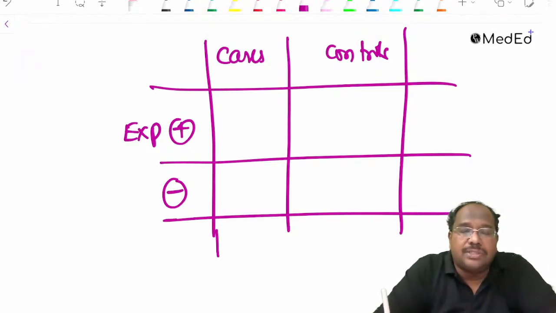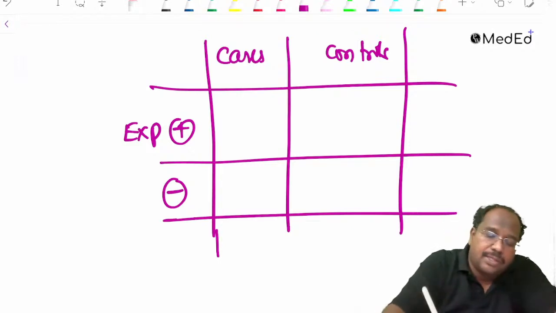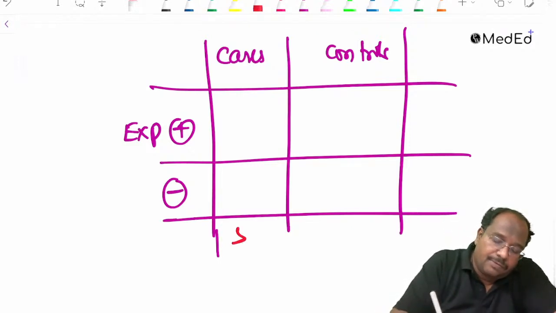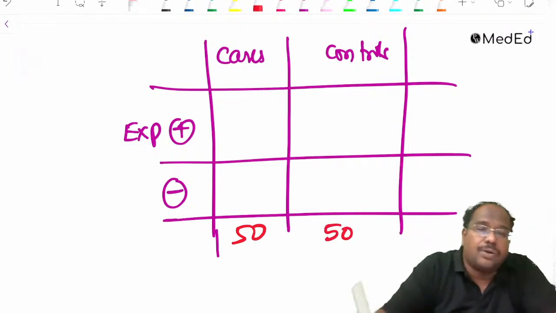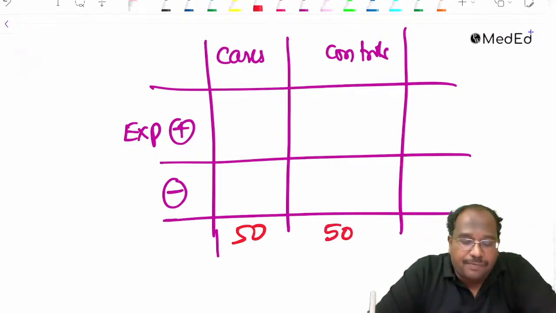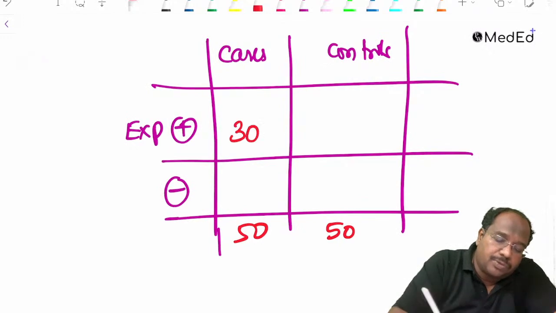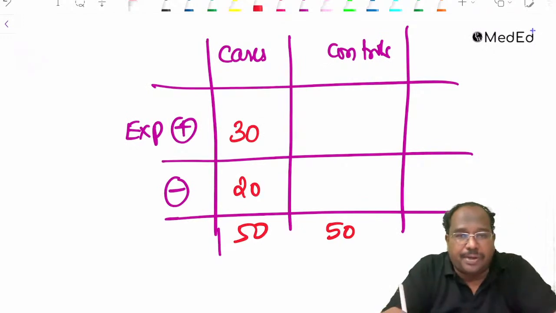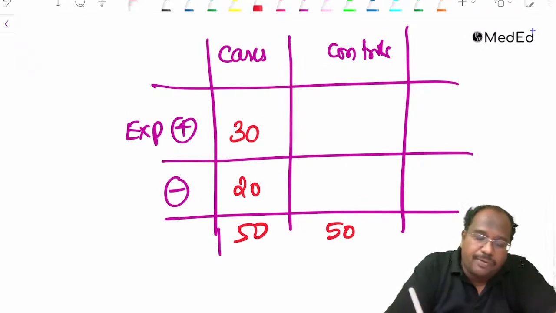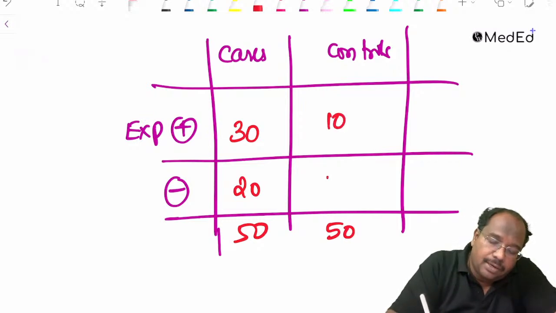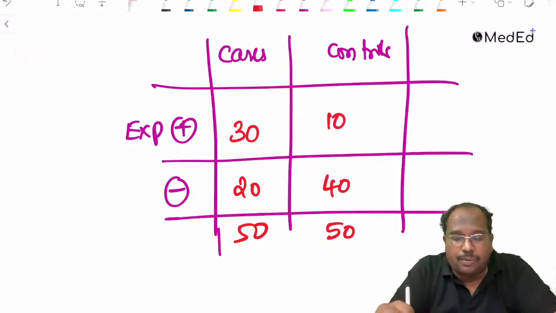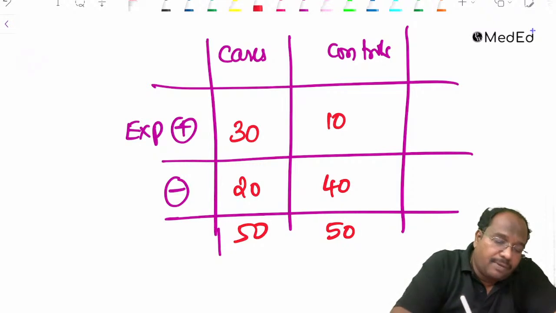What is the total number of cases? We saw 50 cases and 50 controls. Among the 50 cases, how many were exposure positive? 30. Remaining is 20. Among the controls, how many were exposure positive? 10. Remaining is 40. Now, what is the formula we said?